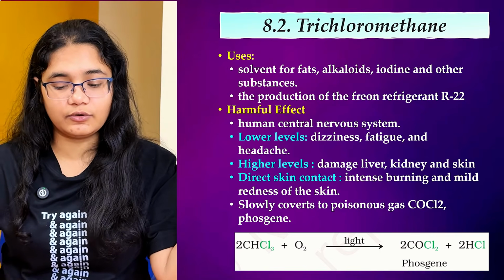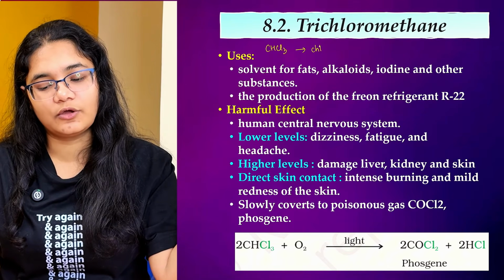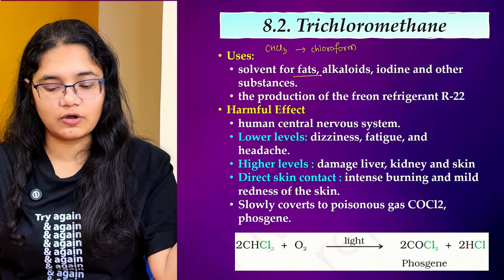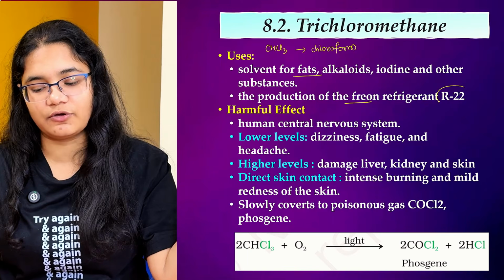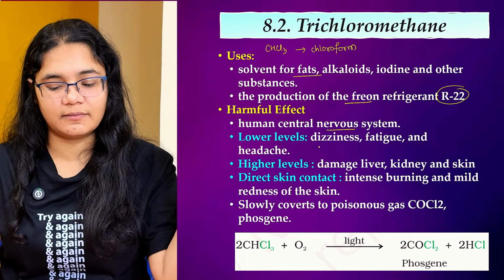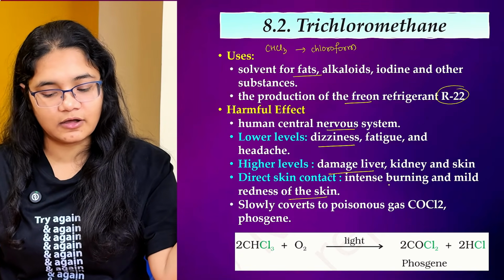Next is trichloromethane. Trichloromethane means CHCl3. This is also called chloroform. Now it is used as a solvent. It is also used in the manufacture of refrigerant R22. Harmful effects: it affects the nervous system and causes dizziness, damages liver and kidney, and direct skin contact can cause burning.